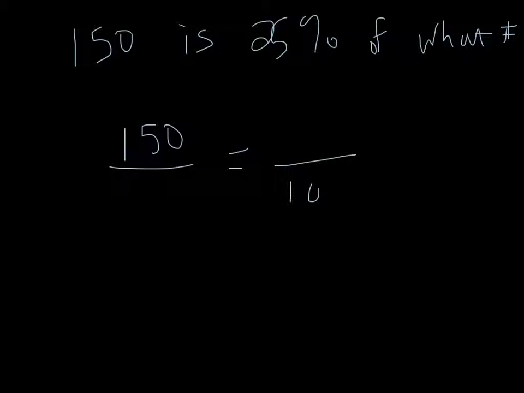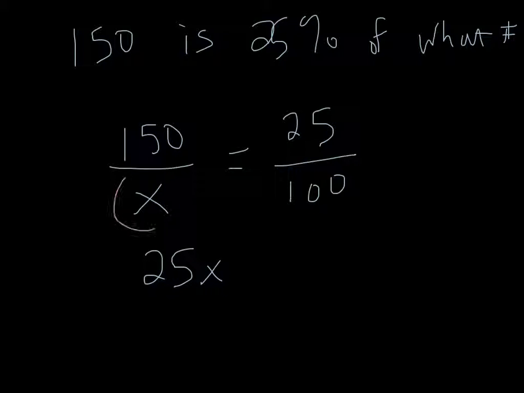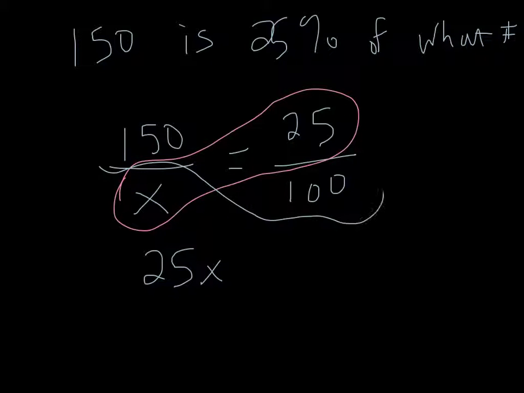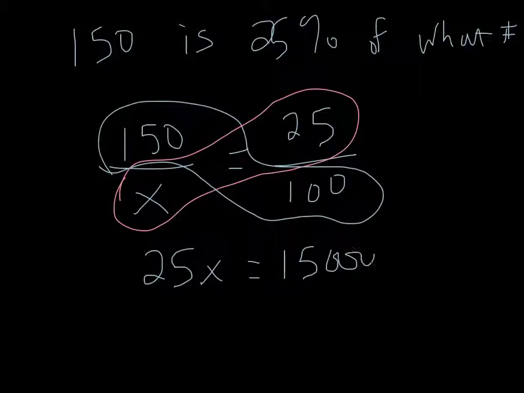And the 100 never changes. 25%, well, that goes where the percent is. Of what number? So that means my x is here. So now we cross multiply, so we get 25x. 25 times x is 25x. 150 times 100 is 15,000.